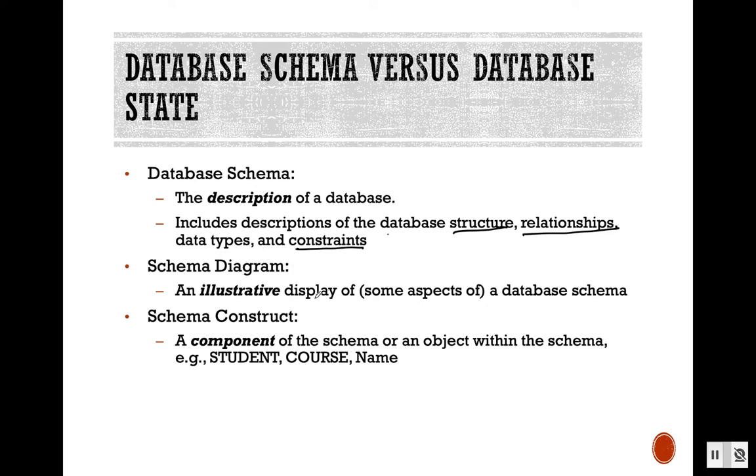A schema construct is a component of the schema or an object within the schema. So a schema construct means all the components of the schema, such as database structure, relationships, and constraints. Some components could be student, course, their names, like that.